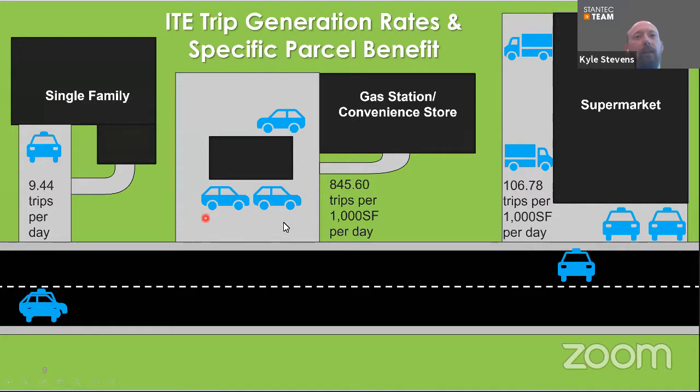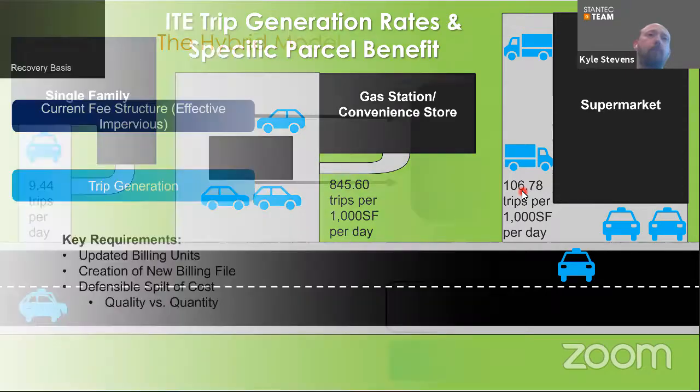But if we look at something like a gas station, it's about 845 trips per day on 1,000 square feet. A supermarket's 106 per 1,000 square feet. And there's about 63 different types of land uses that I've connected to ITE trip generation rates within the entirety of the service area for Fort Lauderdale. So it gives us a basis to compare parcels on this metric.